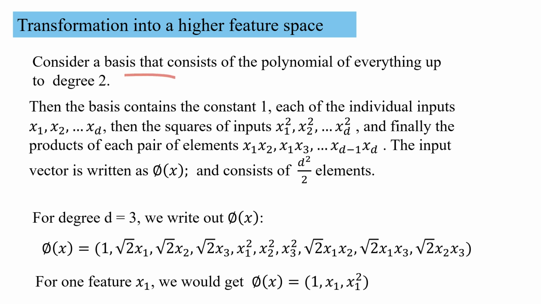Consider a basis that consists of a polynomial of degree 2, everything up to degree 2. So what would it have? It would have the constant 1 and x1 to xd, because we are assuming a d-dimensional x vector.